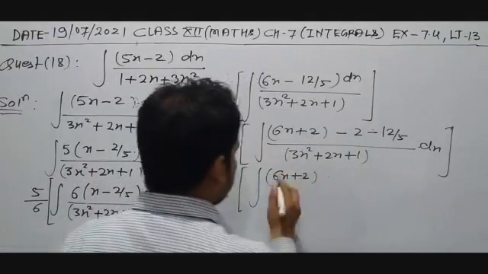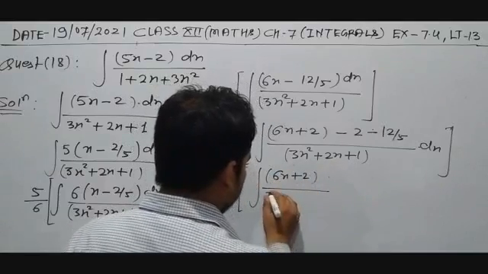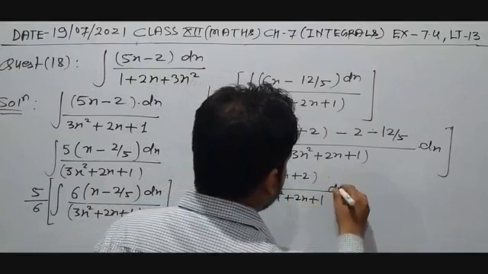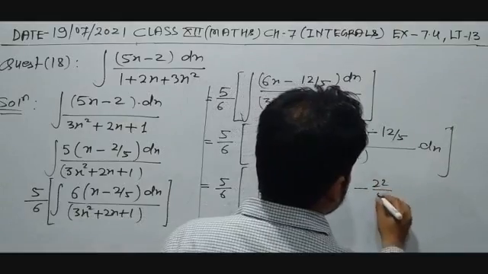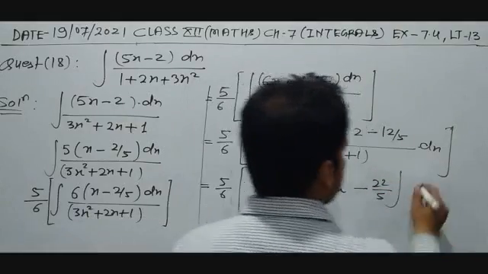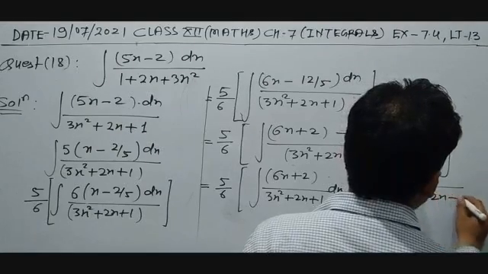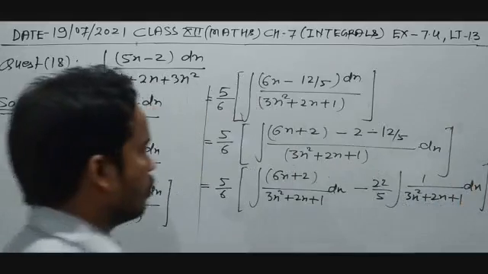So this integration can be written as integral of 6x plus 2 upon 3x square plus 2x plus 1 dx minus 22 by 5 integration of 1 upon 3x square plus 2x plus 1 dx, square bracket closed.